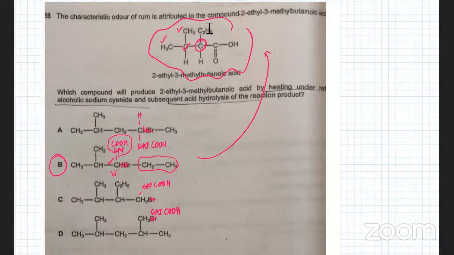So this carbon atom has ethyl and a carboxylic acid. This one also has an ethyl, so it exactly matches this. What's wrong with C? What's wrong with C is that there's an extra CH2. There's supposed to be a carboxylic acid over here, but you have an extra CH2.